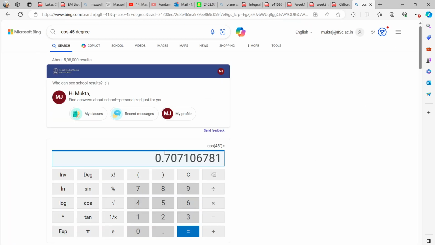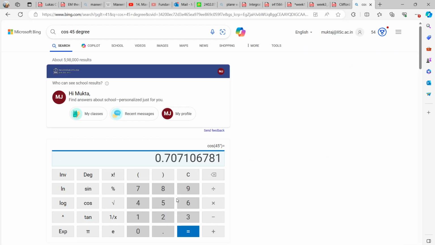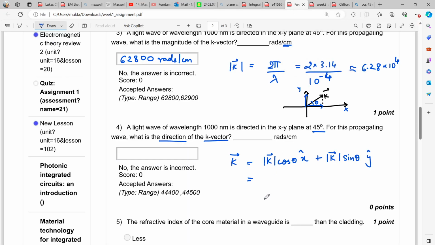So cos 45 degrees is 0.707, multiplied by the k magnitude, that is 6.28 times 10 to the power 4, or 62800. That comes out to be 44406.